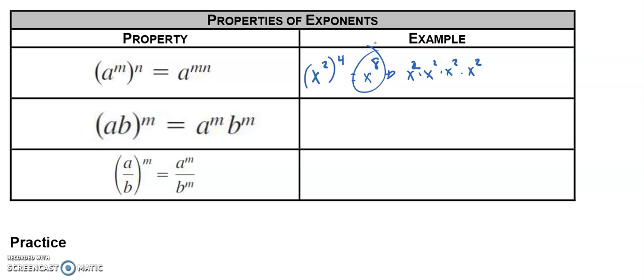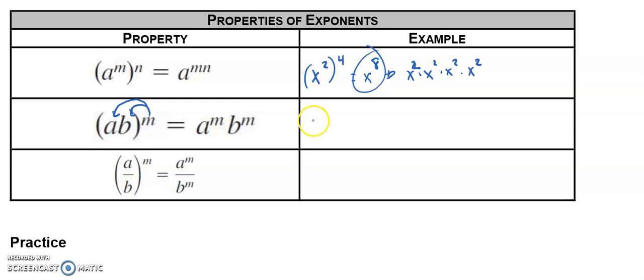All right, power of a product. This is a little bit different, but quite similar to the one that we just did. A times b to the m power. That m is going to apply to the exponent by way of multiplication for each of those variables, or sometimes you have a coefficient inside.